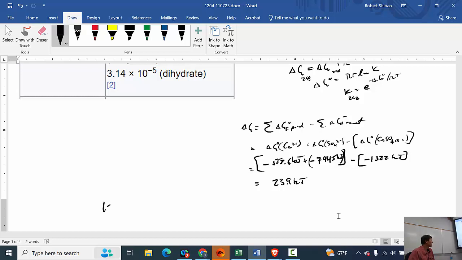All right, so let's go ahead and calculate our K. This is going to be at 298. It's going to be E to the minus 23. I'm going to convert this to joules. 23,900 joules divided by R, which is 8.3145 joules per Kelvin. This is all per mole, so I cancel out the moles, times T, which is 298 Kelvin.